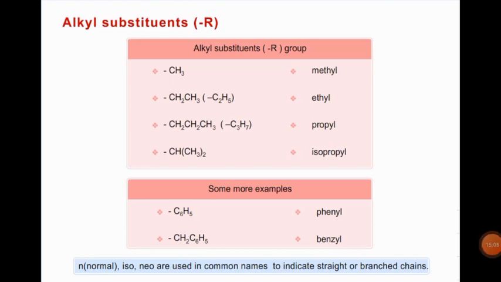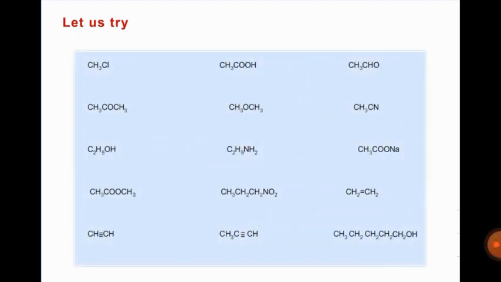Now let us try a few examples of how to work it out. These are the compounds you need to work out. You have to write all this down and write the name.